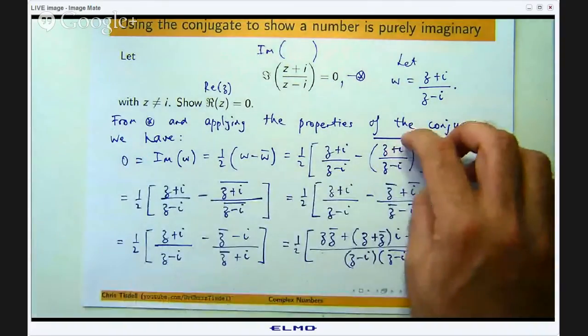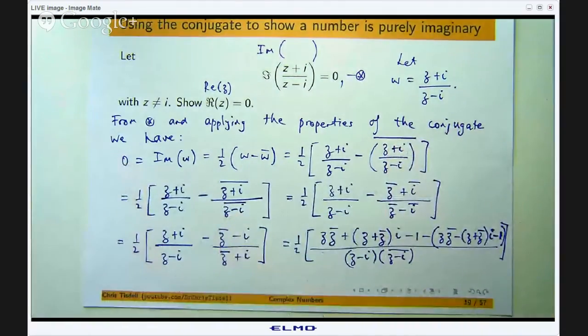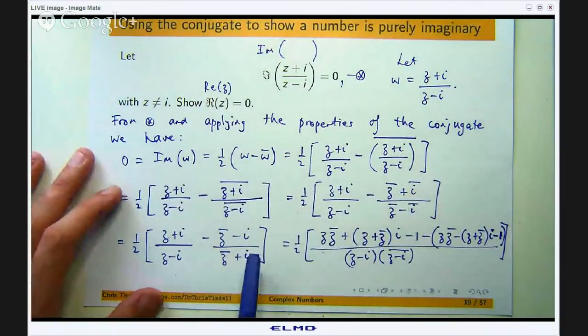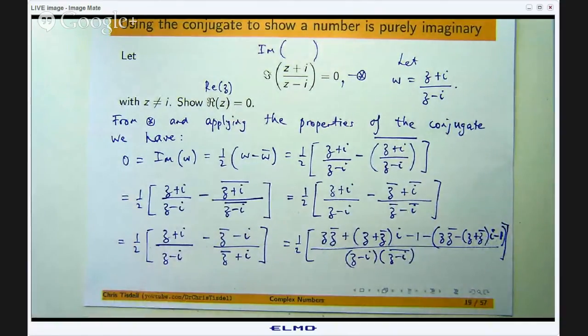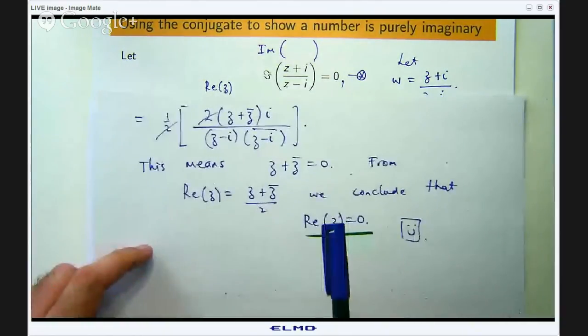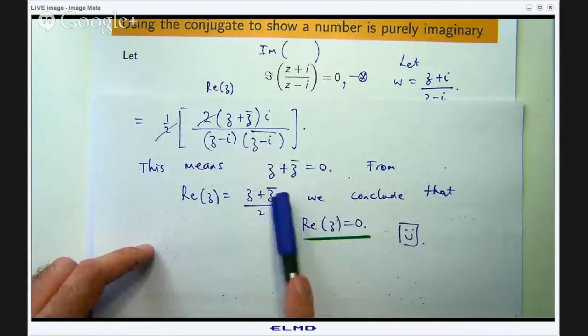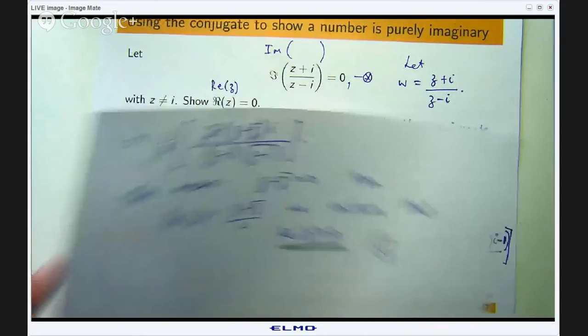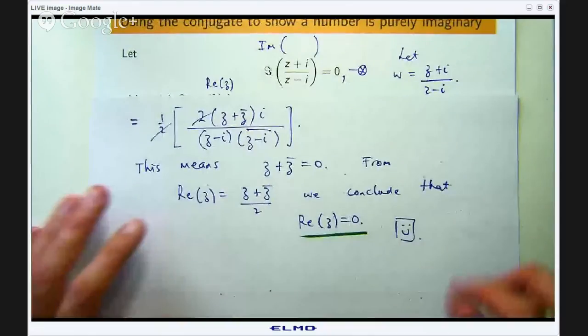So here we used the conjugate of a quotient is the quotient of the conjugates, the sum and difference properties for conjugates, and then we simplified, cross-multiplied, looked for cancellation, and lastly we used this relationship between the conjugates and the real part of a complex number. Okay, so a bit fiddly, that one, not easy, but we got there.